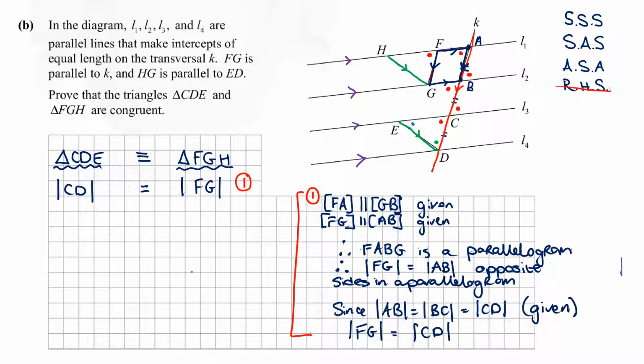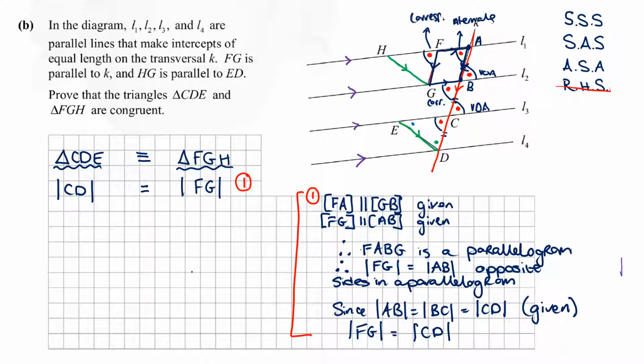So working through that, I'm just going to put in some notes. Vertically opposite angles. This one was corresponding. This one is a vertically opposite angle. This one here is alternate, and this one here corresponding.